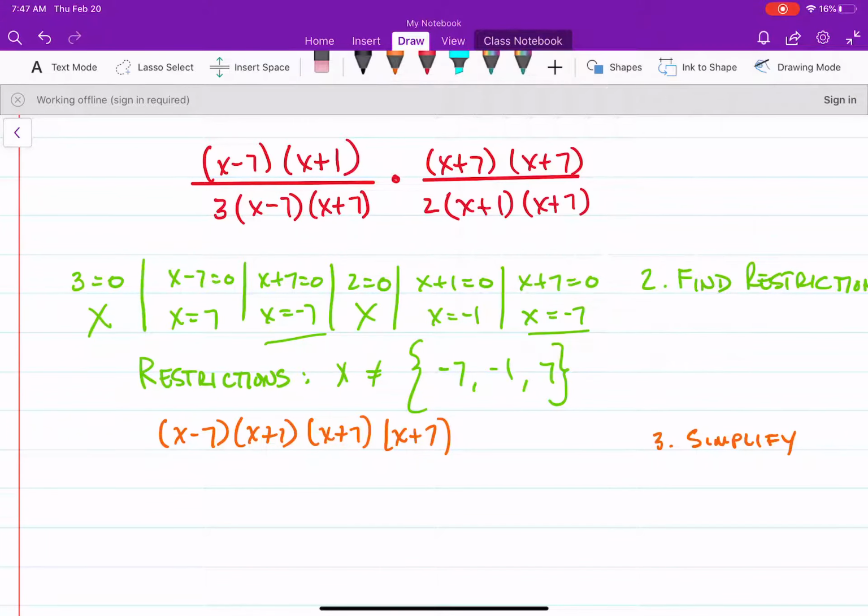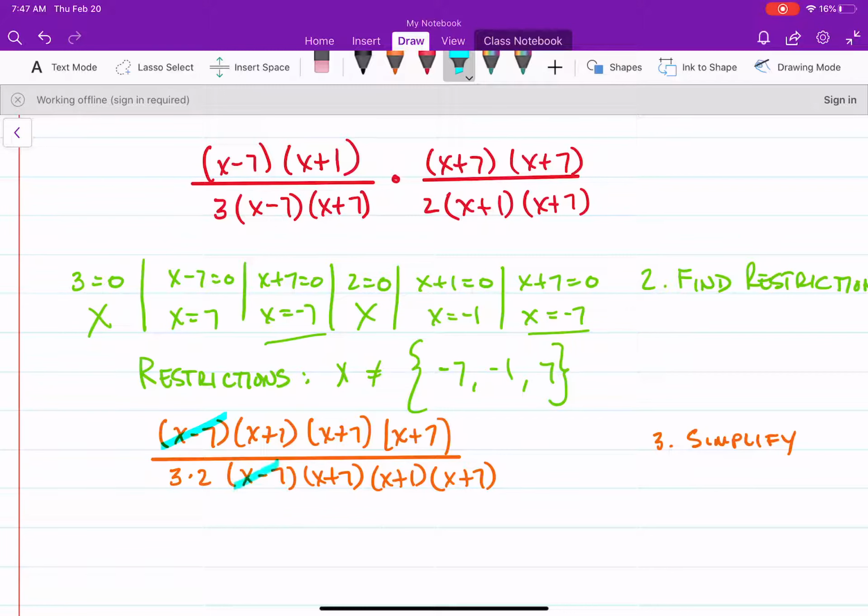The bottom is going to be 3 times 2, x minus 7, x plus 7, x plus 1, and x plus 7. So now we're going to go through and say, is there x minus 7 on the bottom?